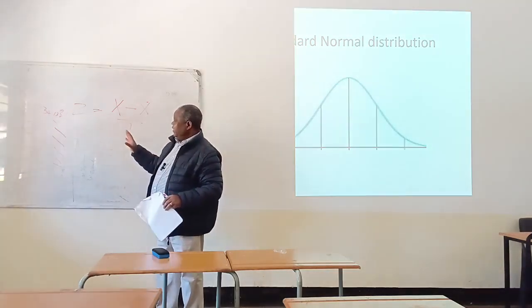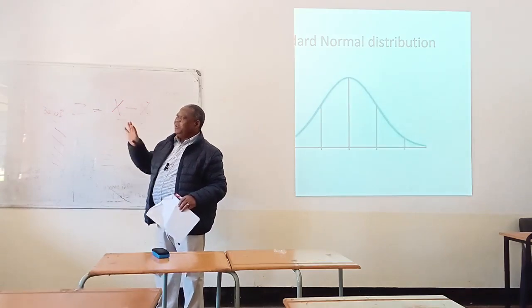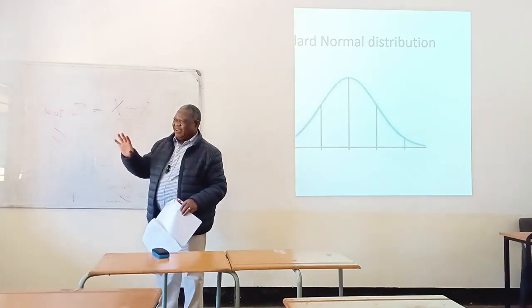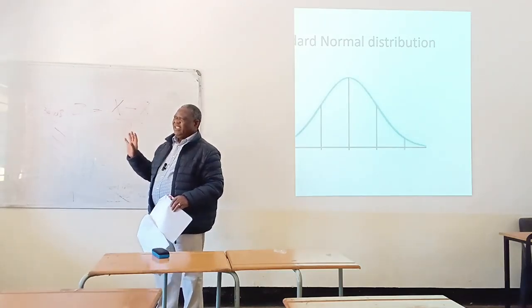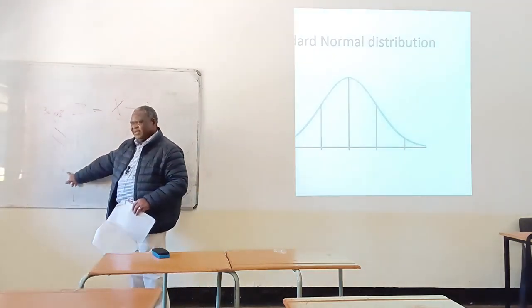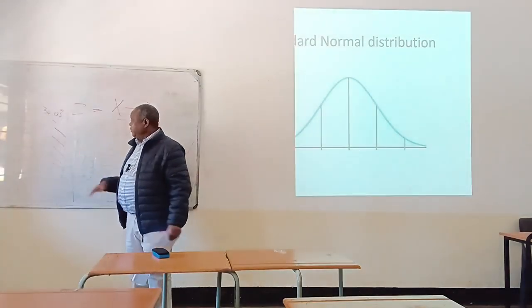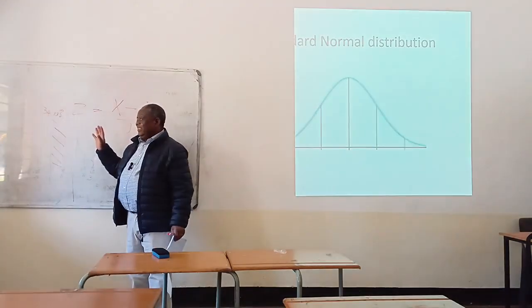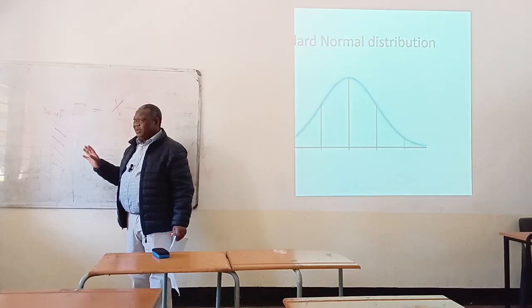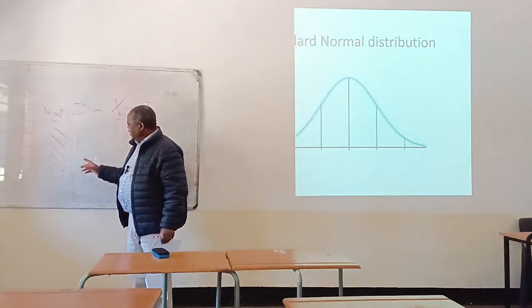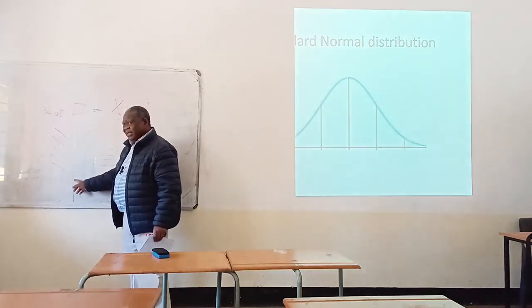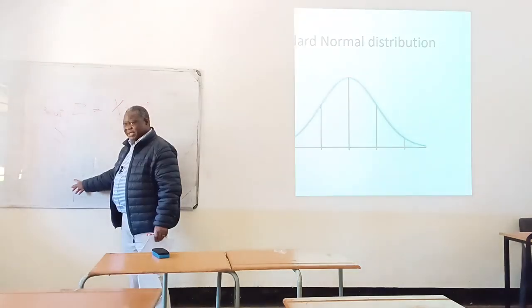Let's assume that you administered an exam to 100 students, okay? And you obtained a mean mark, their performance, the mean was 50, just assuming, and you computed the standard deviation and found that that standard deviation is 10. So this position will mean where somebody has got 60%.